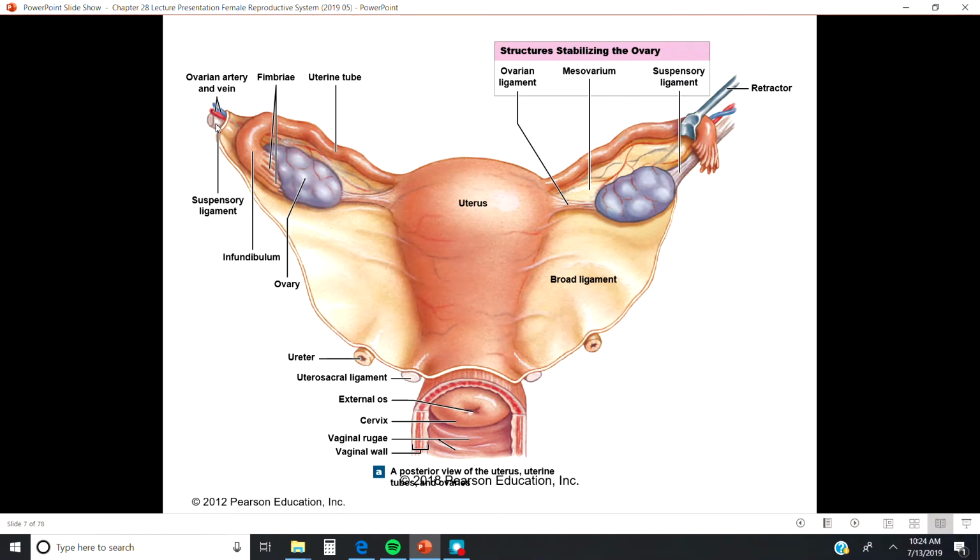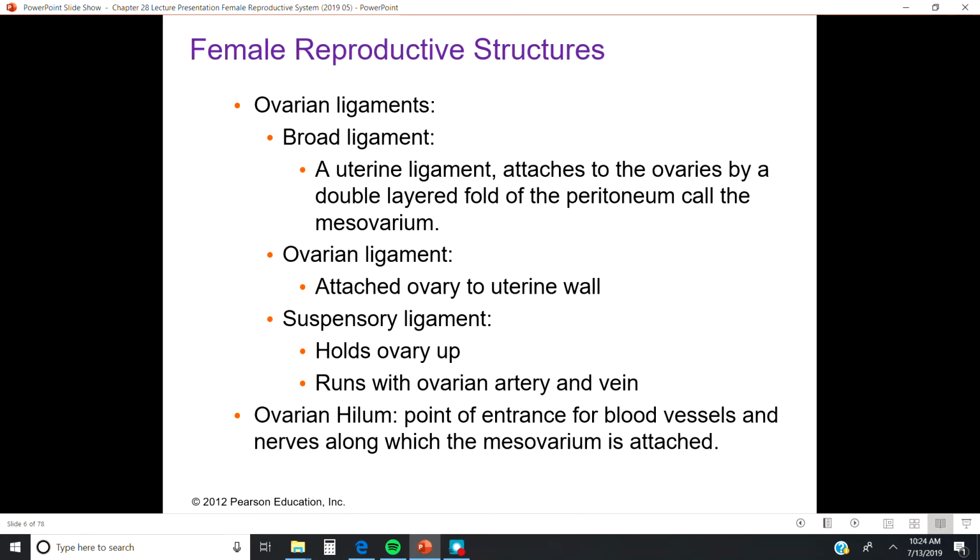You can see part of it right here, even better on this side. This is the suspensory ligament right there. That's kind of holding the ovaries up. And you can see the suspensory ligament runs with the ovarian artery and the ovarian vein. All right, so the ovarian ligaments attach the ovary to the uterine wall.